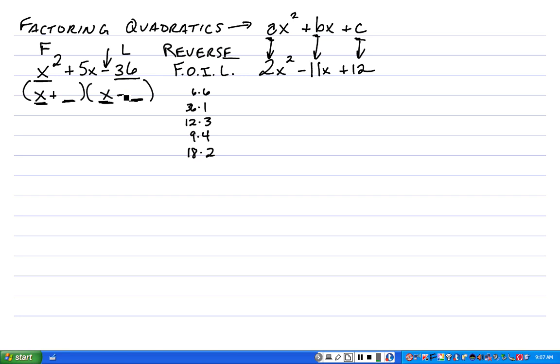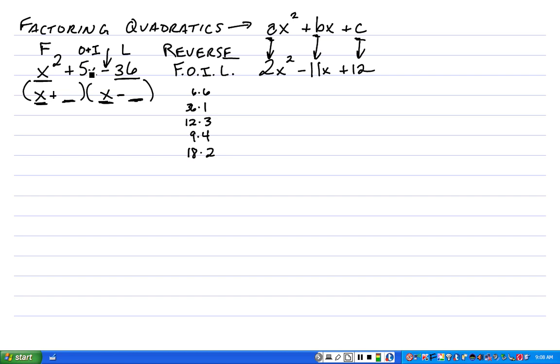Basically, to get this 5x, which comes from combining your outside and inside, we get it because the signs are opposite from each other. We're going to get it by subtracting our factors for 36.